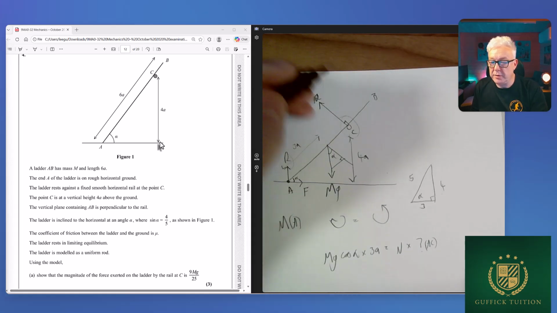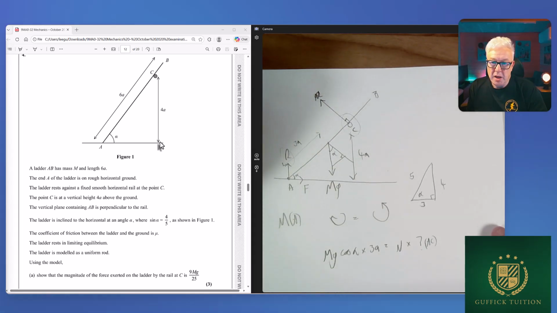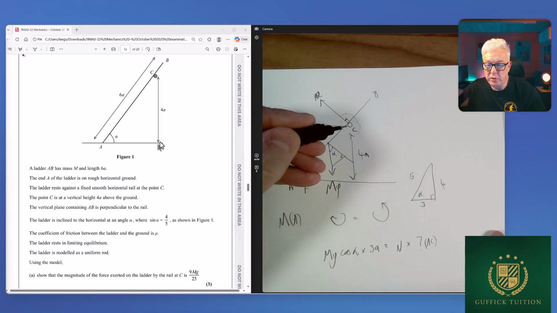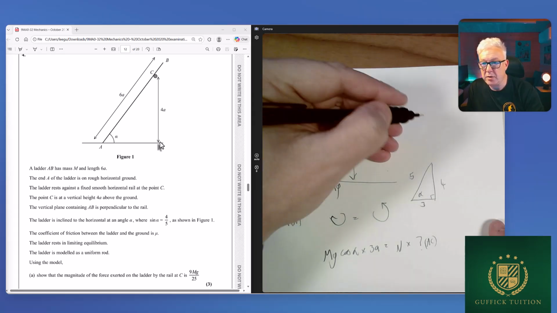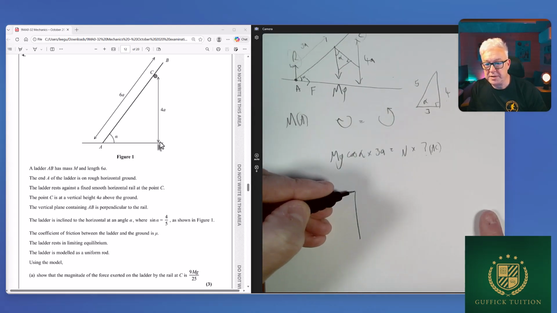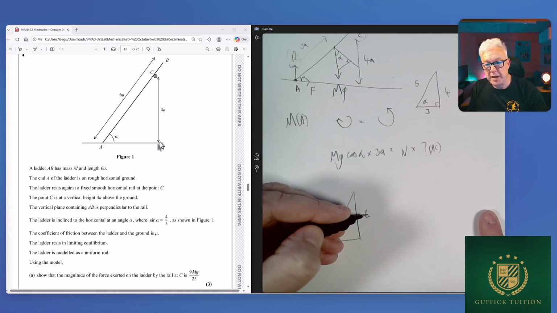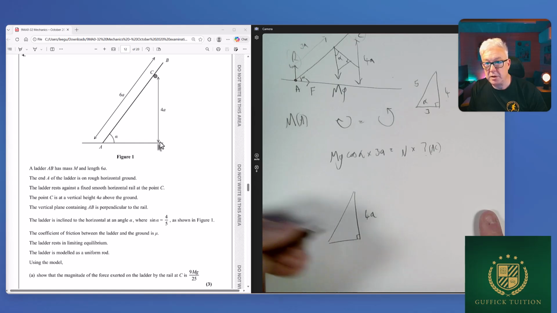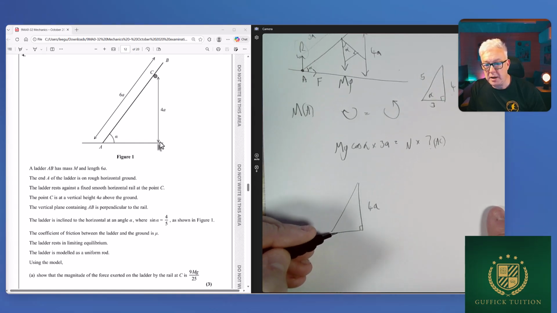So we've got to try and work out AC. Little side note then, let's calculate AC. We know that is 4a, and we've got this angle here. Let's draw a little triangle that represents the situation. That is our 4a, that's 90 degrees, and this is our angle alpha.